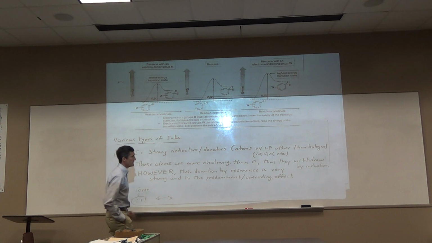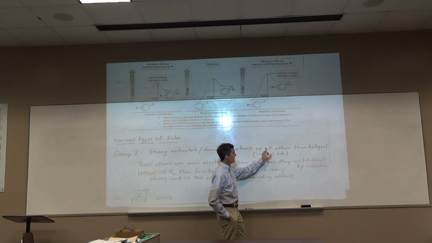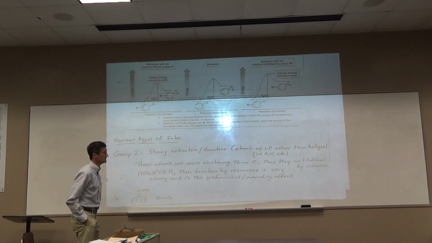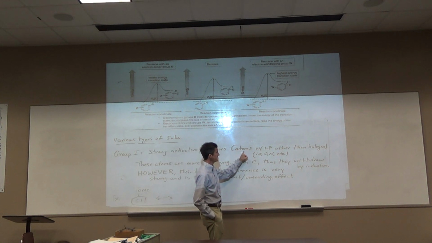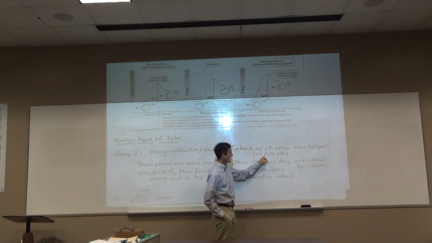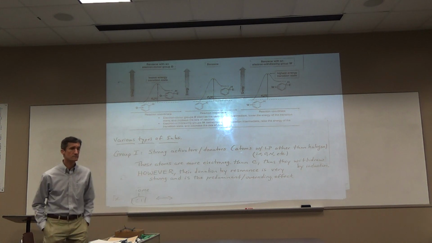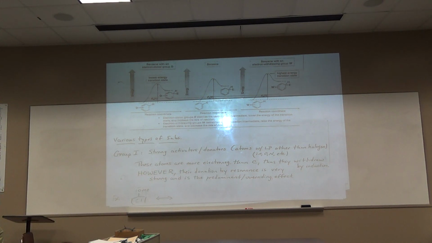This is going to be atoms with a lone pair other than halogen. Not halogen, though. Most common are going to be what? What atoms with lone pairs are most commonly seen bonded to a carbon? Oxygen and nitrogen. Could it be others? Yes.